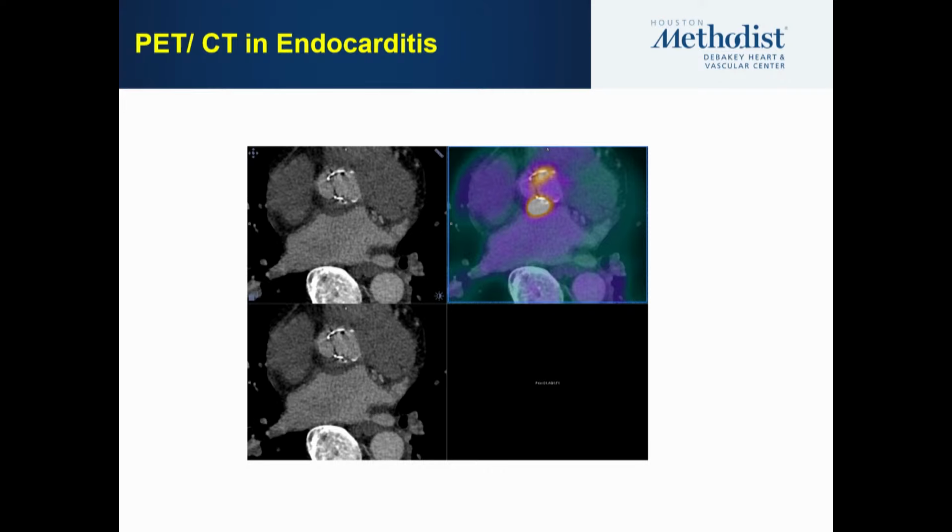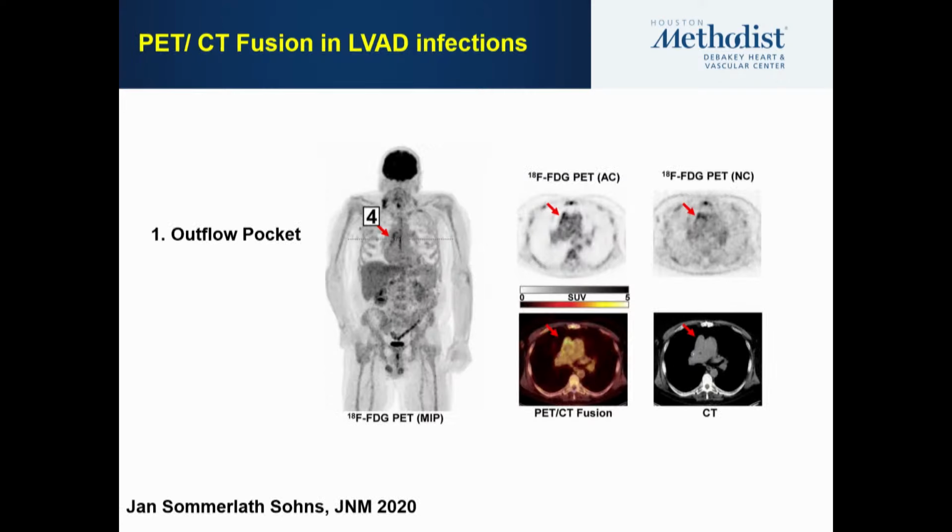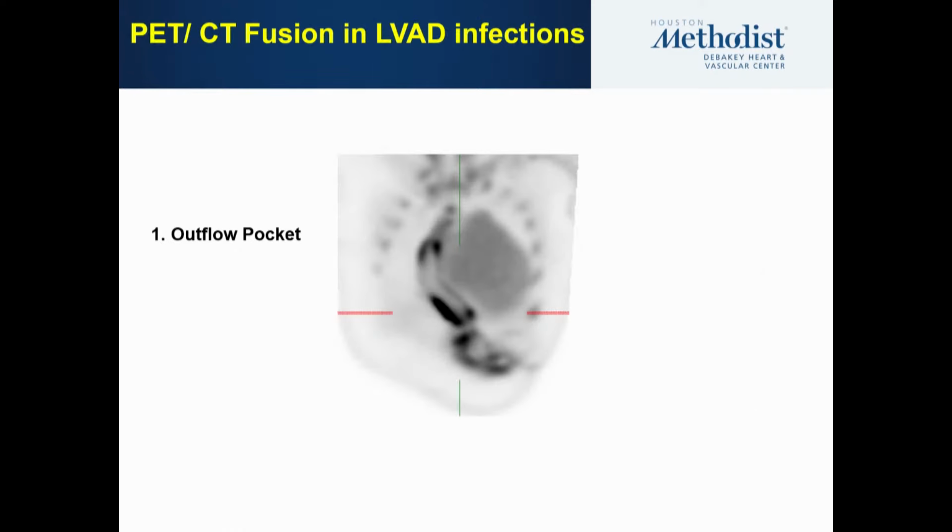And we not only do it for valves, but we also do it for, now it's becoming a popular one, LVADs, because this cannot be well evaluated by other imaging modalities. So here's one patient that has some infection on the outflow cannula, and you can see it also in the distal segment there.